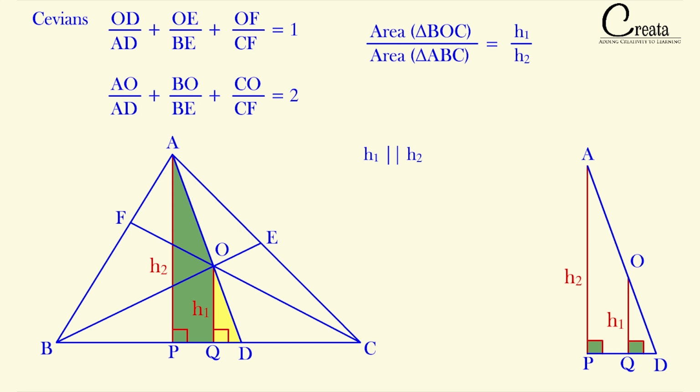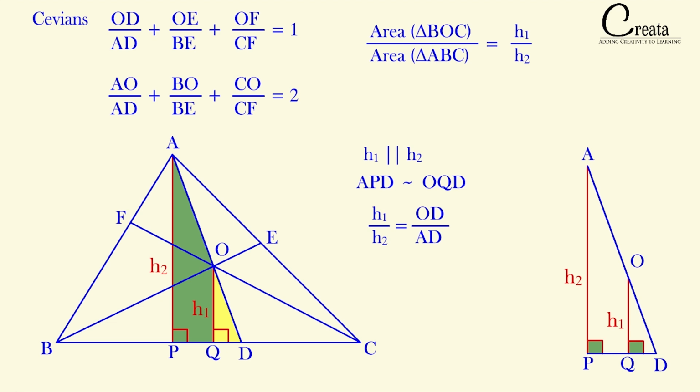Got it? Here, if you observe, can we say both of these triangles are similar to each other? Angle P is equal to angle Q and angle D is common in both the triangles. So both the triangles are similar to each other. So can we say H1 upon H2 is equal to OD upon AD?